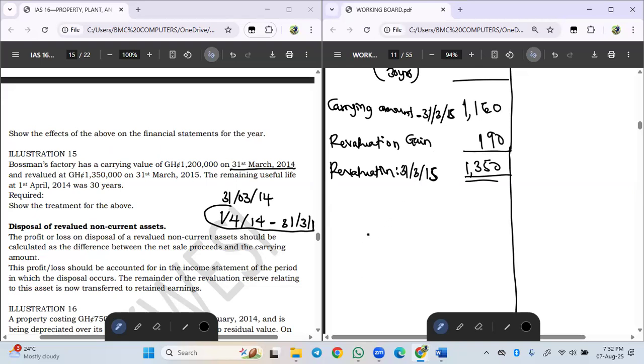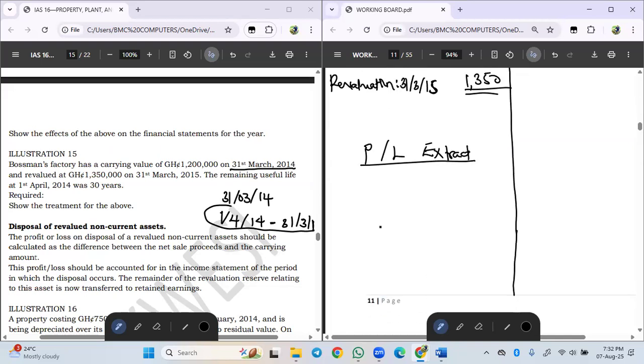Okay. So let's just go for the extracts. So the extract will be depreciation.